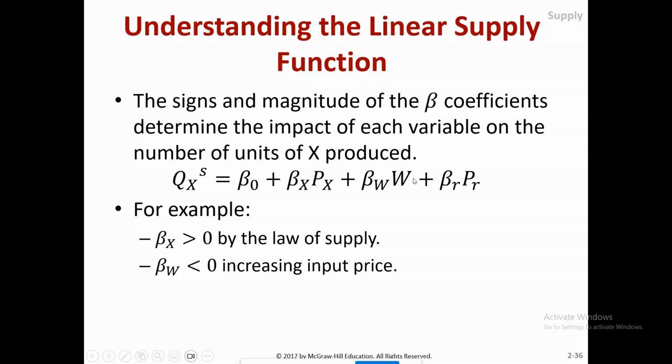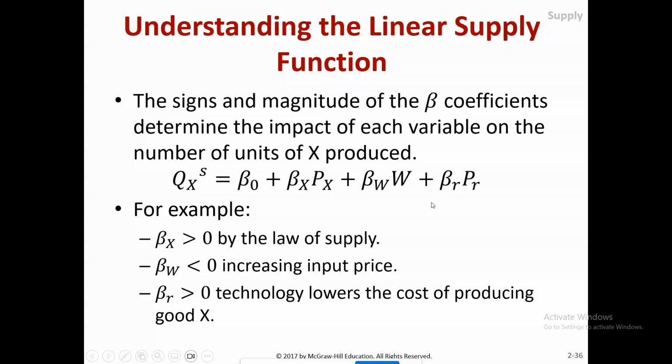If input price increases, that is a negative shock, meaning it's more costly to produce the same products. Therefore, generally speaking, beta W in front of the input price is negative.